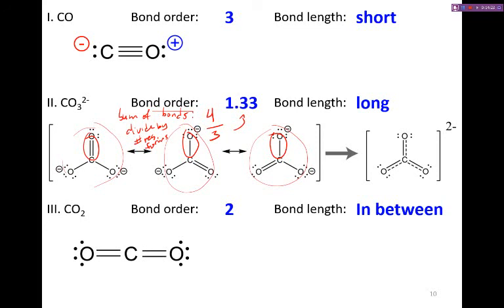So then we can rank them, and we see if we want to go in terms of increasing carbon-oxygen bond length, that carbon monoxide is the shortest, carbonate ion is longest, with carbon dioxide in between.